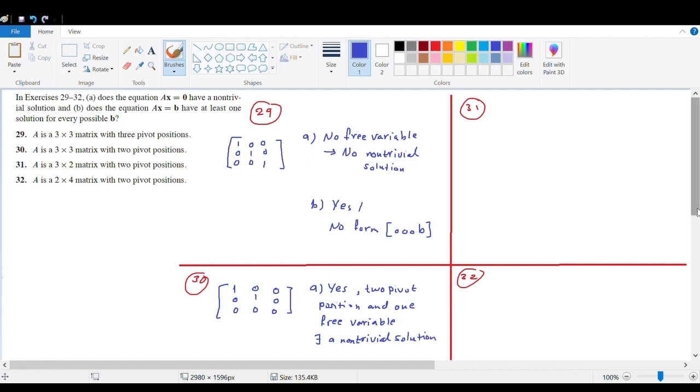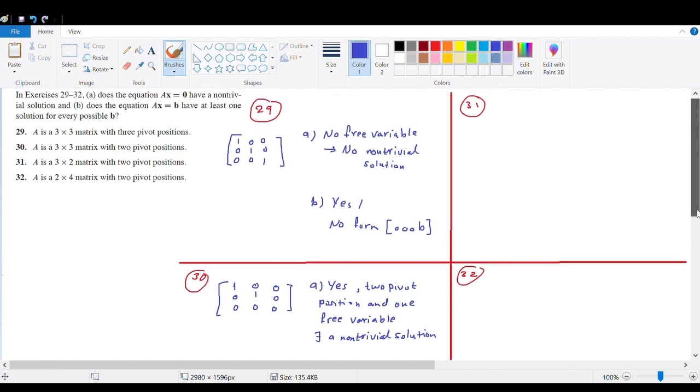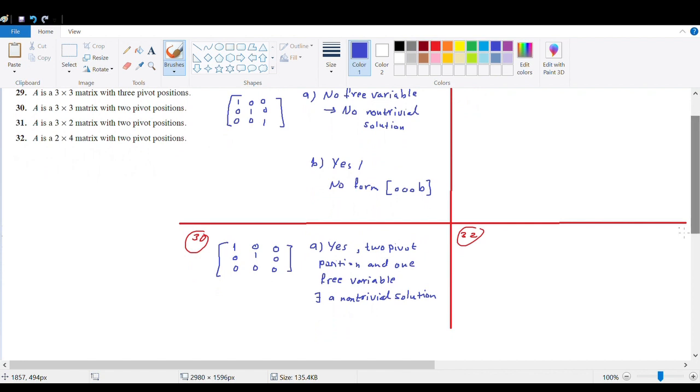Now for part B, does the equation Ax = b have at least one solution for every possible b? Here, if the last entry of b is non-zero, that means the system is inconsistent.